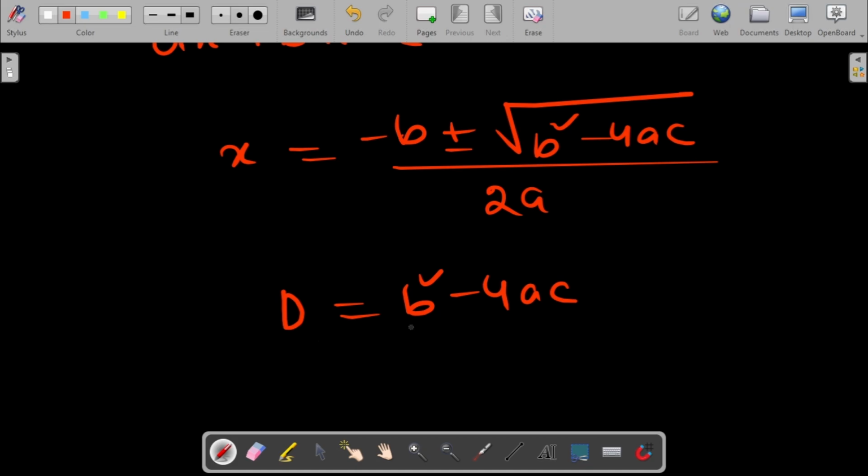Now, if D is greater than 0, then we don't have any problem. That is, there is a real solution. But whenever the discriminant is less than 0, we face a problem. So, our motive is to find a solution whenever D is less than 0.